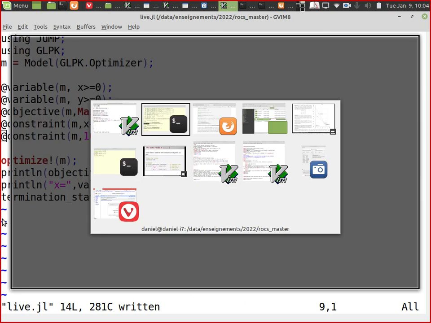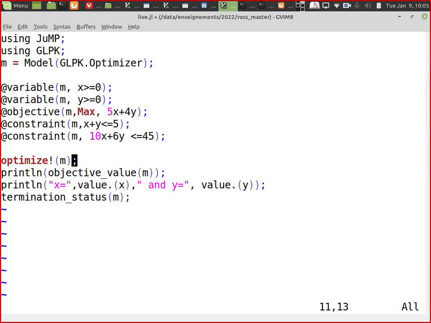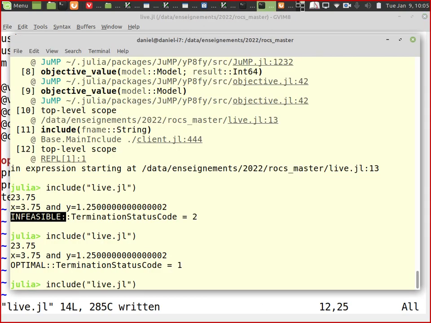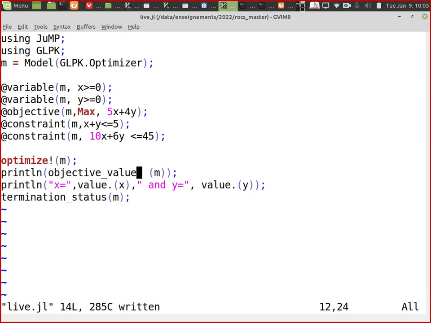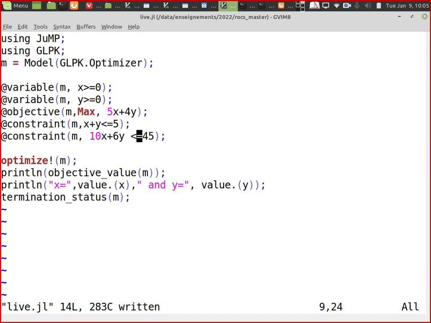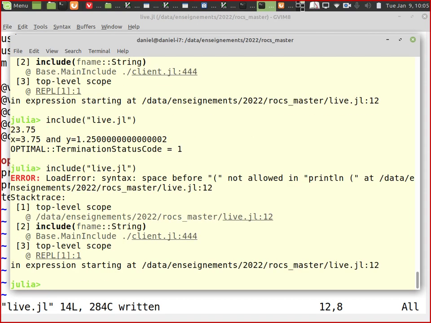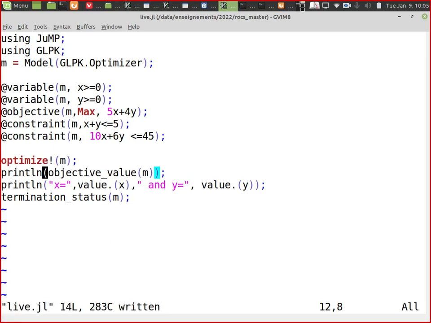And what about spaces between the parameters? Here, I think the spaces are fine. Yes, here you can have spaces. Let me check, but oh no, problems with spaces. Objective value, no, you need to put. Sometimes spaces are okay here. Many problems with spaces. You should never put any space.